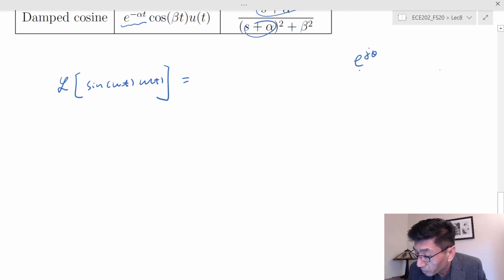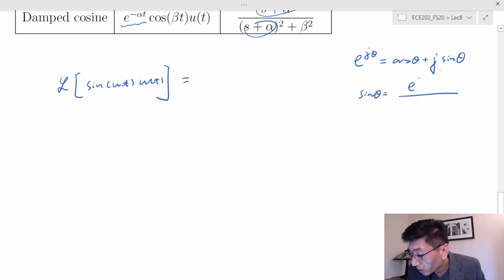I'm sorry about that. e to the j theta is going to be cosine theta plus j sine theta, and so therefore the imaginary part of this one here, sine theta, is going to be equal to e to the j theta minus its conjugate. If you watch the video, e to the j theta minus e to the minus j theta divided by 2j. Right, so that's the imaginary part.